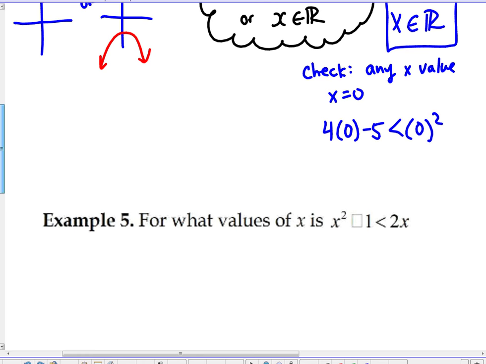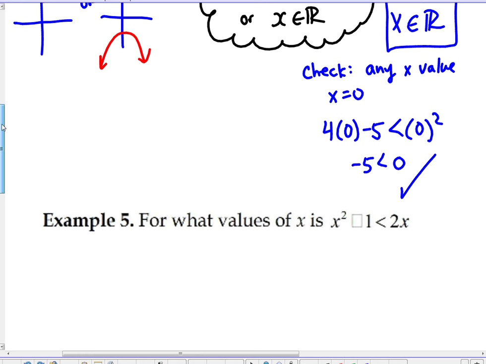Is that right? Yes. Okay. What is 4 times 0 minus 5? Negative 5. Is that less than 0? Yep. Okay. So if that came out false, then you should have had no solution. You mixed them up. Because if there's no x-intercepts, it's either going to be all or nothing.